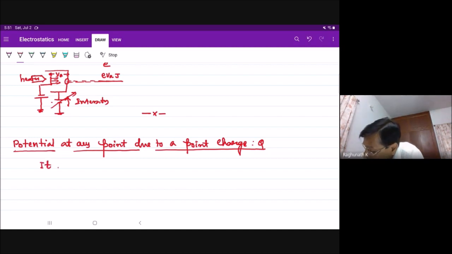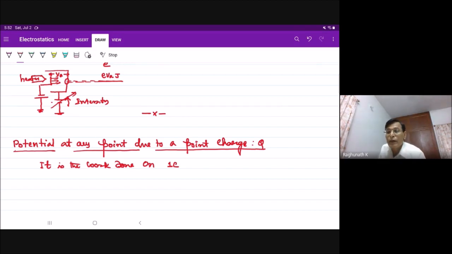It is the work done on 1 Coulomb unit positive charge. Mathematically.